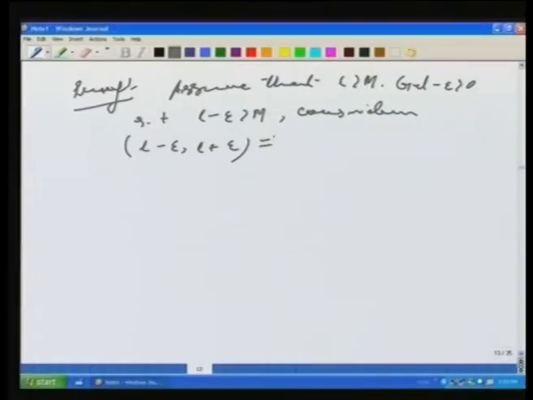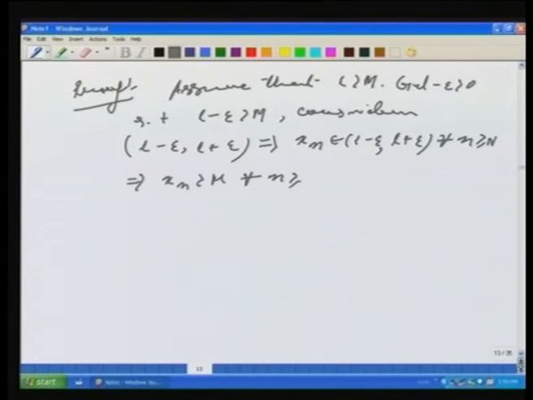I say by definition of convergence this implies that x n belongs to L minus epsilon, L plus epsilon for all n bigger than or equal to some capital N, but this implies x n is bigger than m for all n bigger than or equal to N, which is a contradiction. Correct? Because all the x n's are supposed to be less than m.